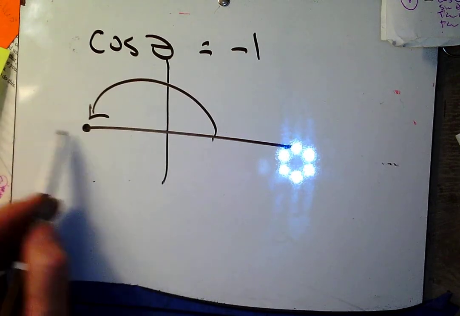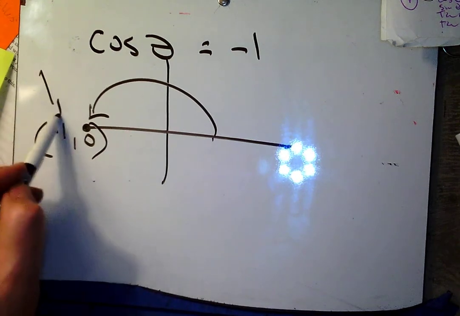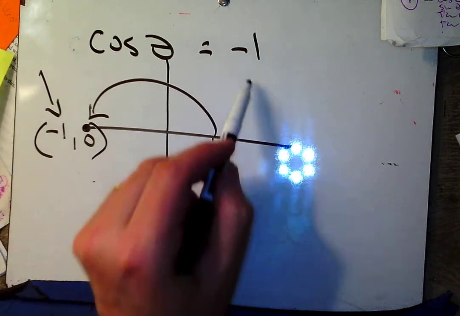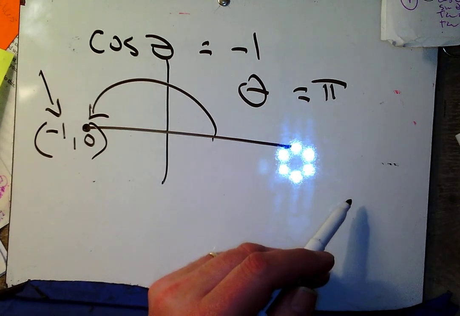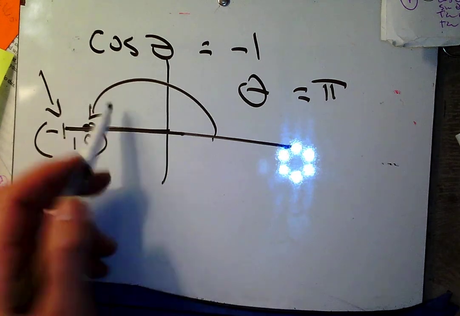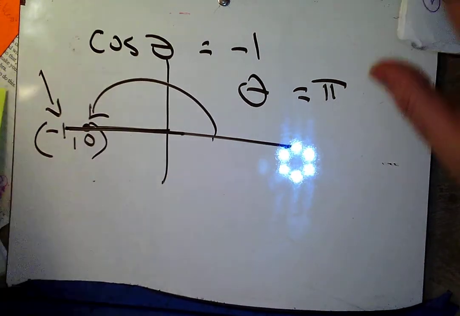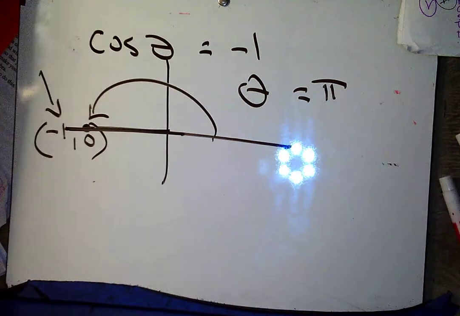What angle has an x value of negative 1? What's the angle here? That's right. Theta is pi. I know there aren't two solutions to all of these. When we're talking about a quadrant angle, we're only going to get one solution. Only one solution. Fabulous.